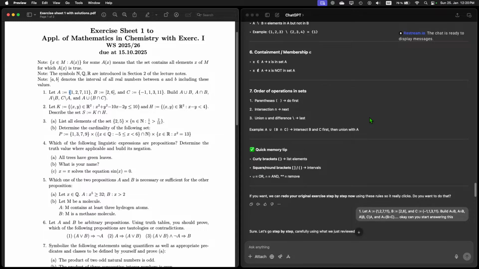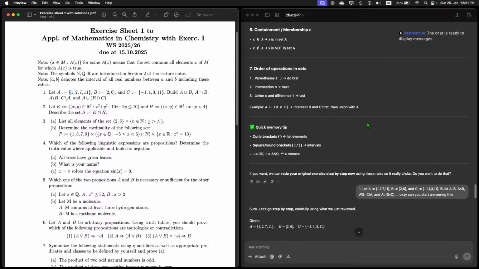And an example: A union B intersection C. So first B intersection C, then A union D. Okay.